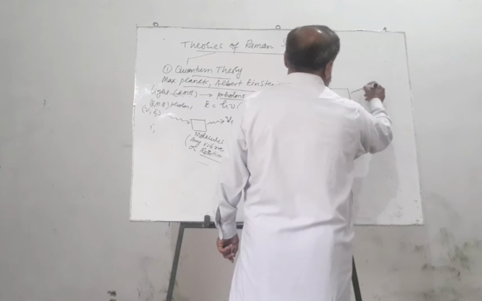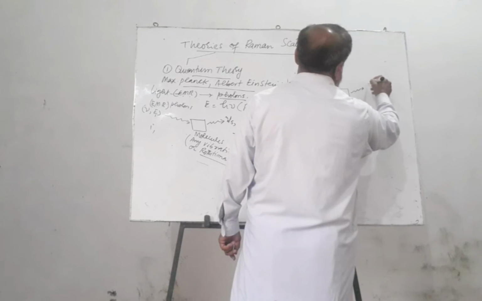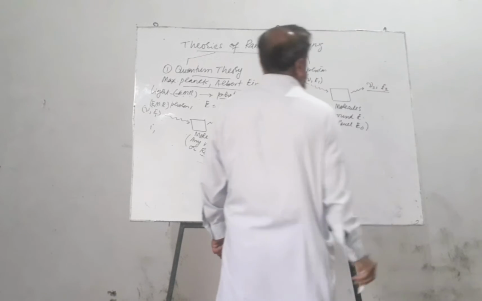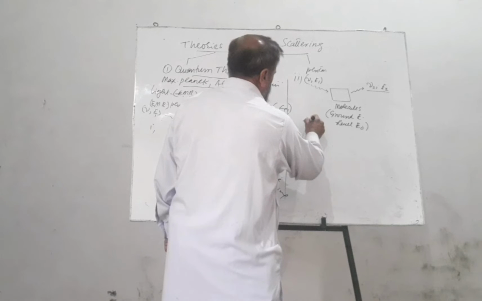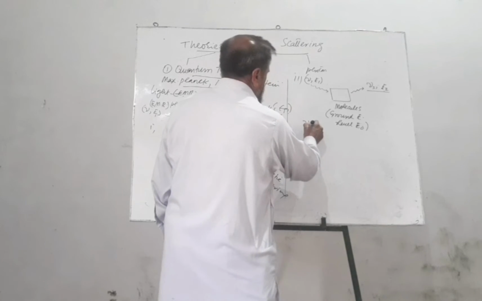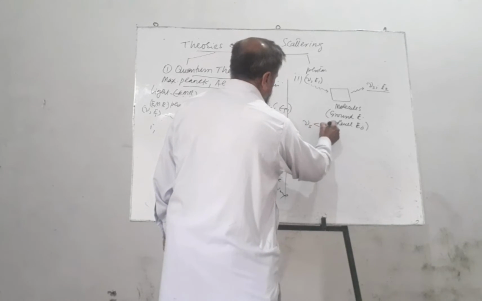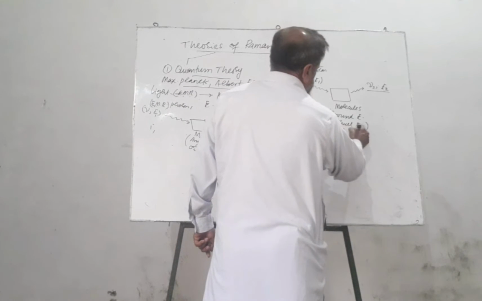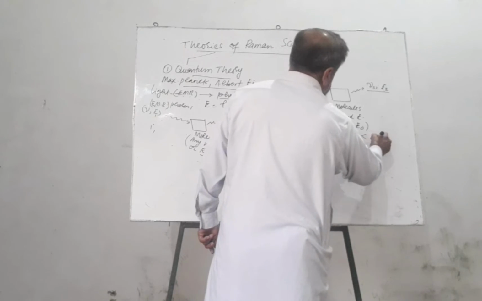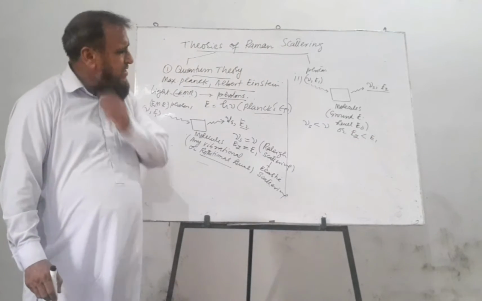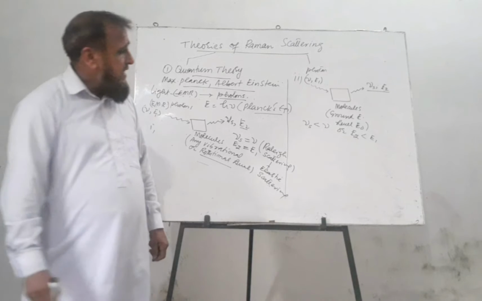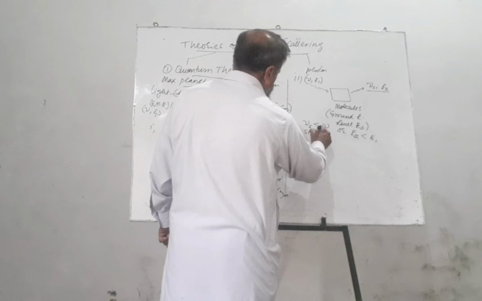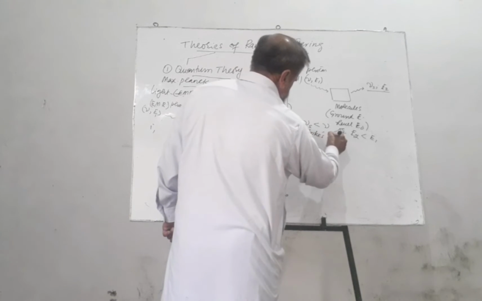As a result, the scattered photon will have a frequency nu s and energy E2. The frequency of scattered radiation will be less than the frequency of incident radiation, that is, E2 will be less than E1. This phenomenon is known as Stokes scattering. It is a type of Raman scattering.